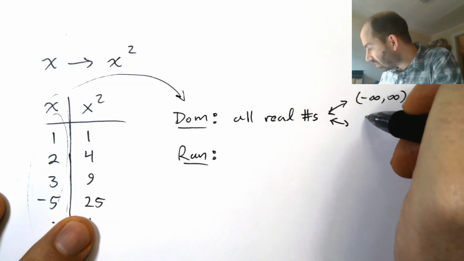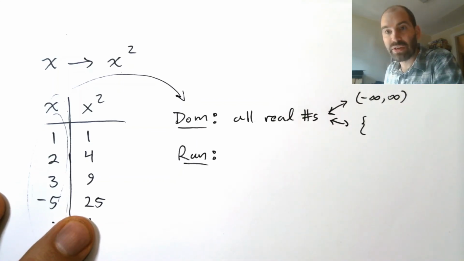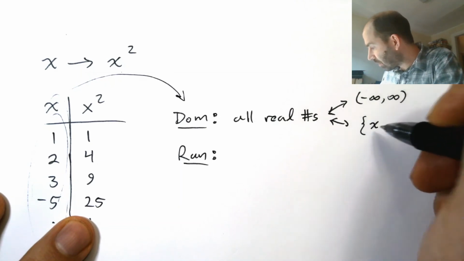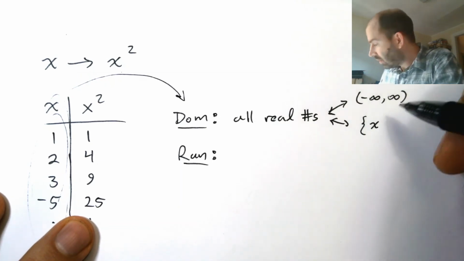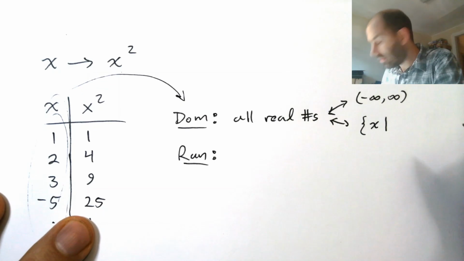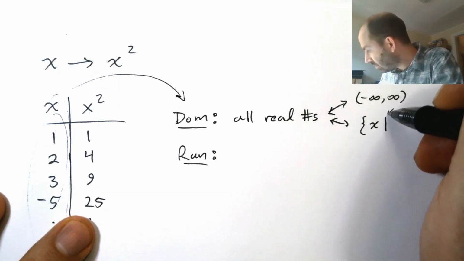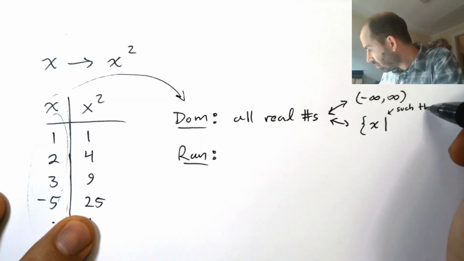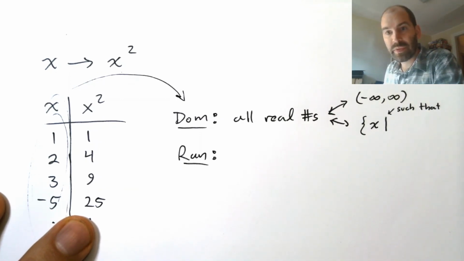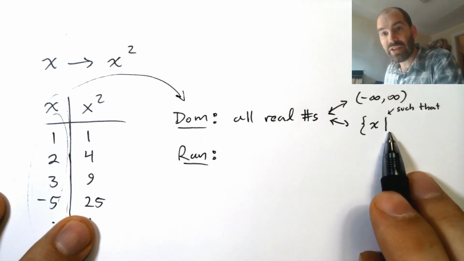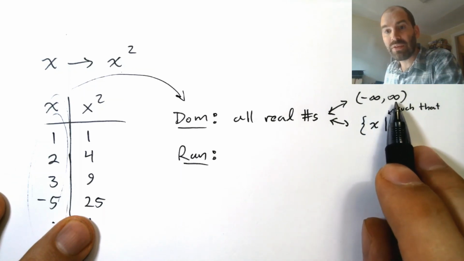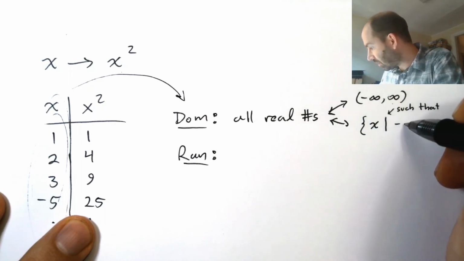To write a set, we use these curly braces. So I'm going to write the set of all things, which I'm going to call x, such that, this symbol means such that, all numbers x such that x is between negative infinity and positive infinity.